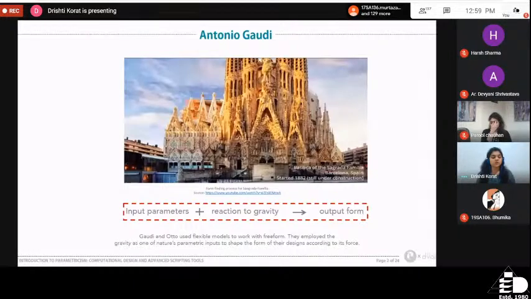So whatever approaches we've been using so far are driven by the final outcome. You envision that you want this curvilinear form, with a curved roof going across, and every decision you make from the start of the process till the final product is oriented towards this final form. That's the kind of design process we use right now.